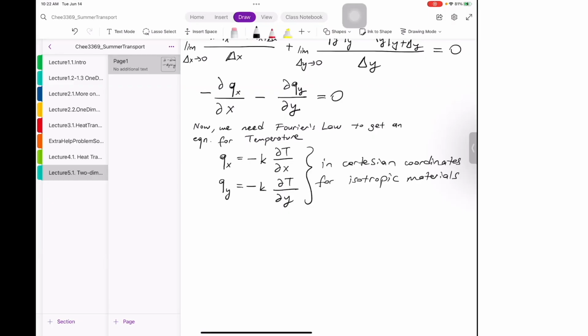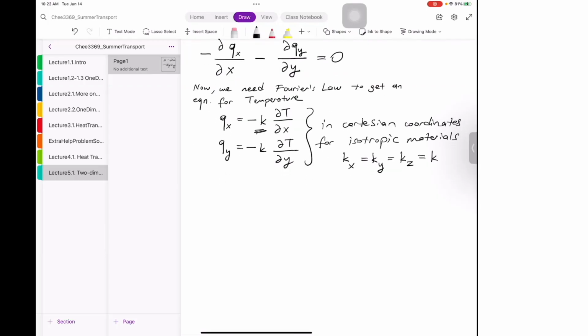It means the conductivity along the x direction, kx, is equal to the conductivity along the y direction, and that's also equal to the conductivity along the z direction. That's equal to k. Okay. So that's why I use k here, and I use the same k here.